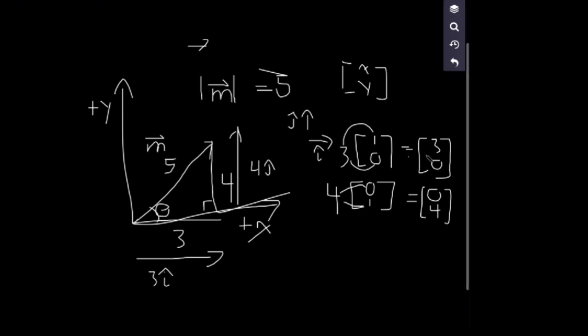So now when we add these together, the 3 adds 0 becomes 3, and the 4 plus 0 becomes 4. The tip of the vector would be 3 comma 4, which would be the tip of this vector.